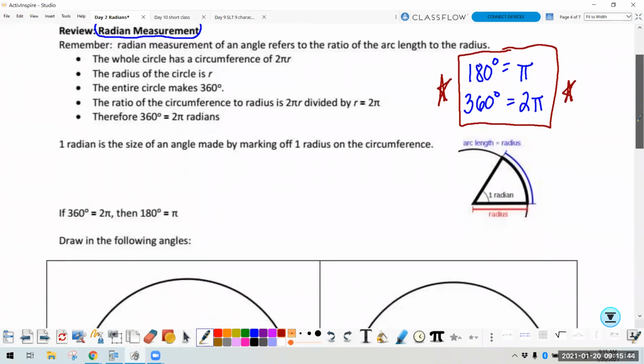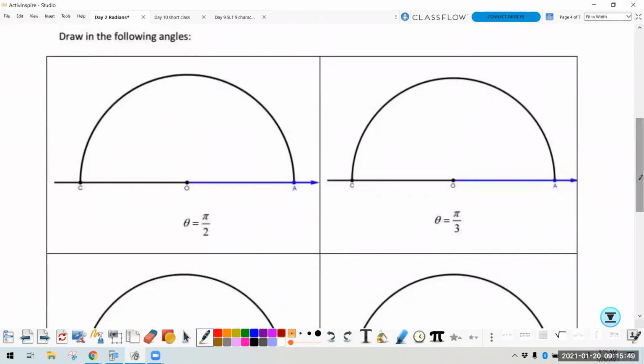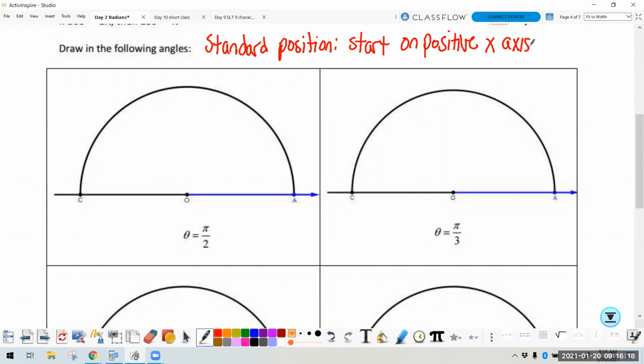Okay, so let's use that. We're going to draw these angles. The first thing we need to talk about actually is the position of an angle. Standard position is we start on the positive x-axis and rotate counterclockwise.